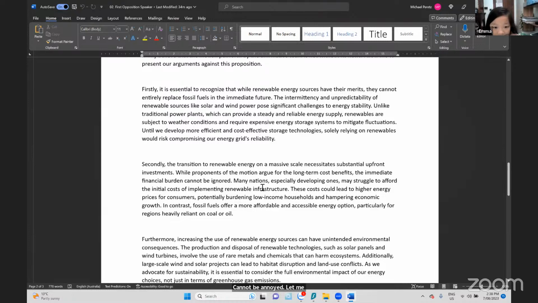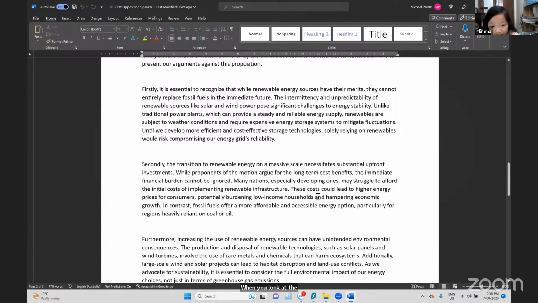Many nations, especially developing ones, may struggle to afford the initial cost of implementing renewable infrastructure.